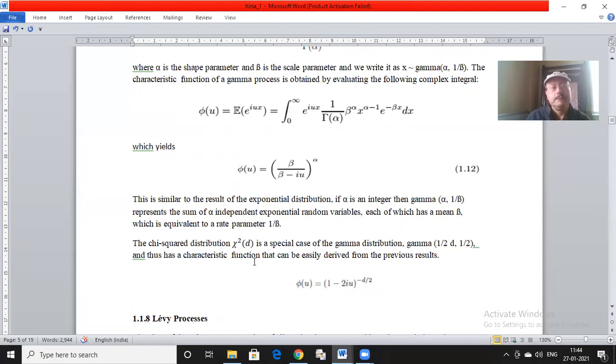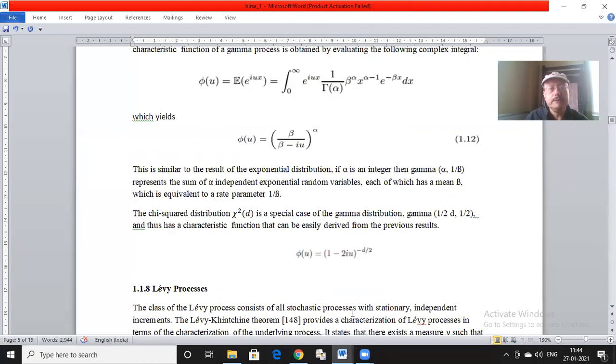And again, it obviously has a characteristic function in the same class, and one can derive it as 1 minus 2 iu power minus d by 2. So chi-square with degrees of freedom d is a special case of gamma with parameters half d and half.